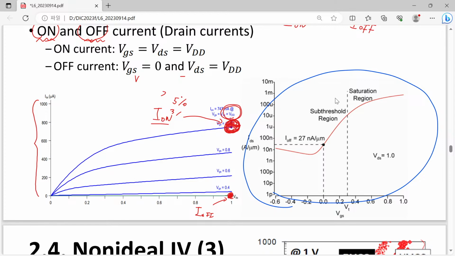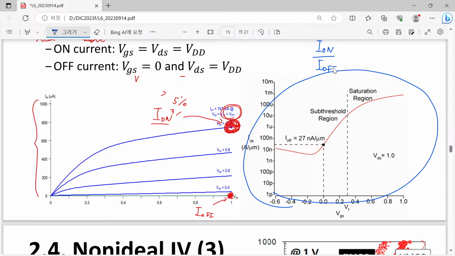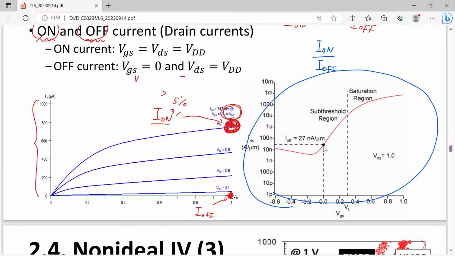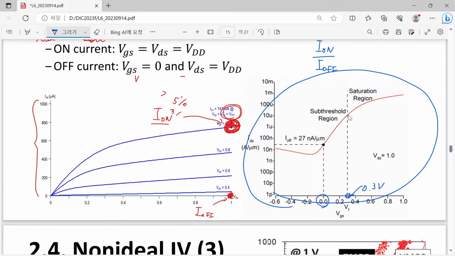In order to make a digital device, you have to have a sufficient amount of on operation. This should be large, but please have a look at this one. In this technology, you have 0 volt and, for example, 0.3 volt. In this case, what is your value?